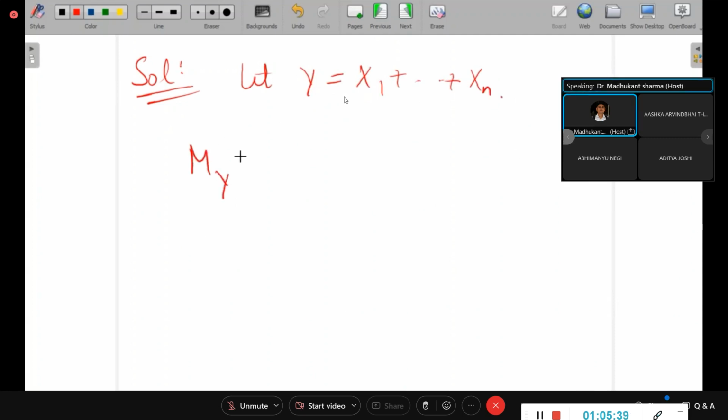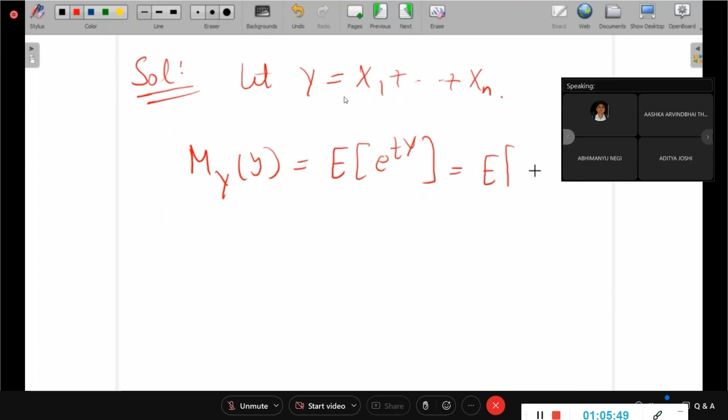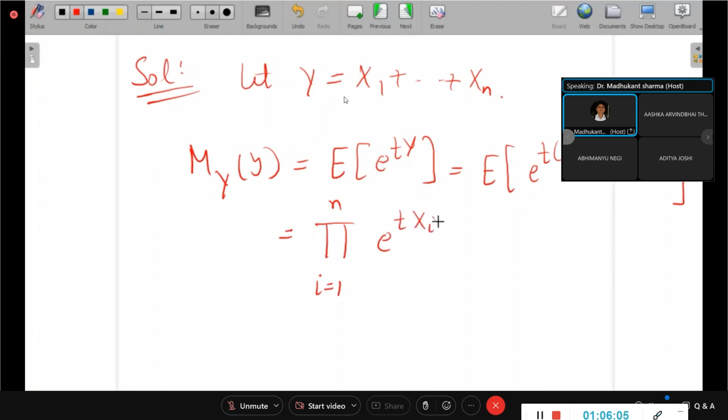Then M_Y(t) is equal to the expectation of e to the power tY, which is the expectation of e to the power t times (x1 plus and so on plus xn). I think you can easily follow that it's going to be the product over i equals 1 to n of the expectation of e to the power t xi, the moment generating function of each xi.